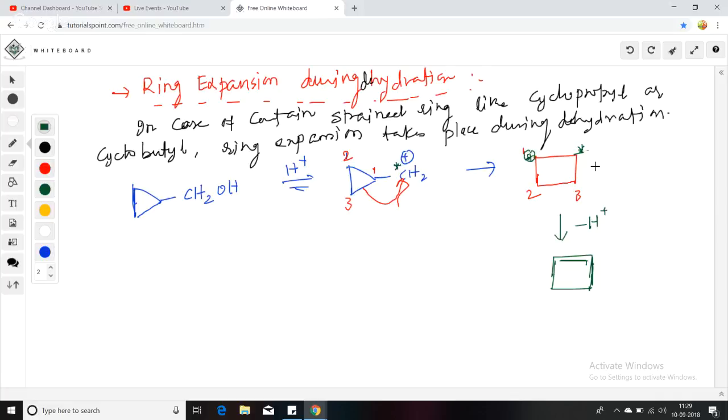Now, the another reaction we have, that we call pinacol and pinacolone rearrangement. Okay, you can copy down this, then we'll move on.